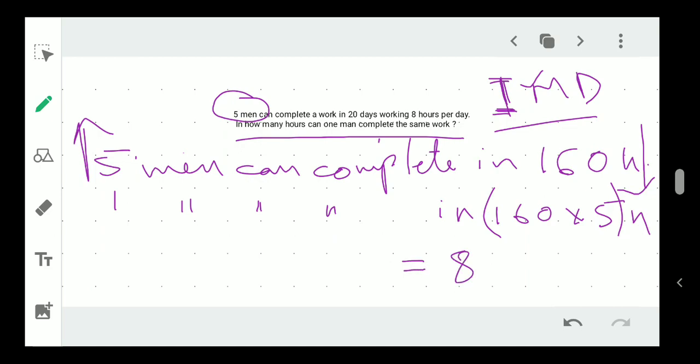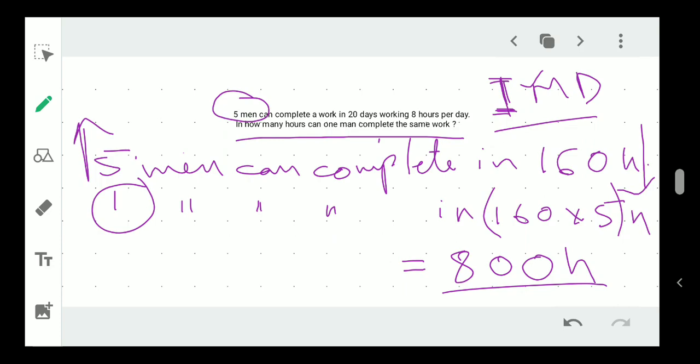So it will take 800 hours for one man to complete the work. So this method is called IMD. Now here no division is there because I only have to find out for one. See how many hours one man can complete.